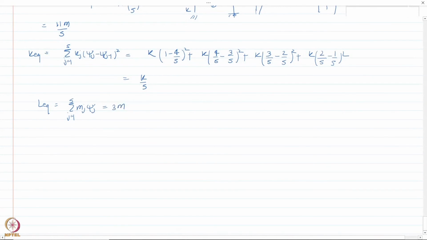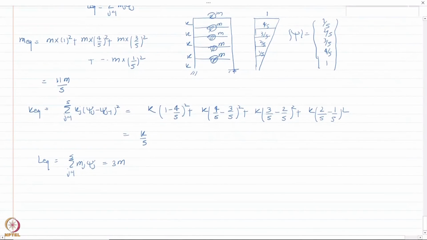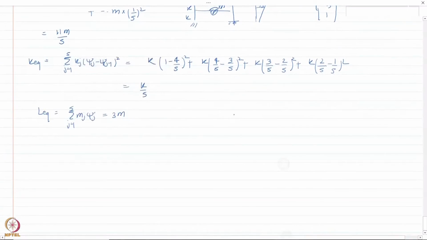So we have seen that by assuming the deflected shape vector, I have been able to reduce this system to a single degree of freedom system represented by k equivalent and m equivalent, which have been derived like this.